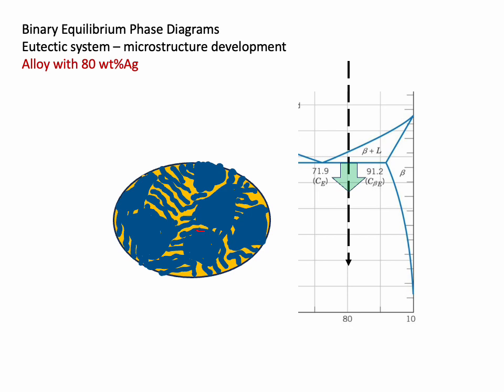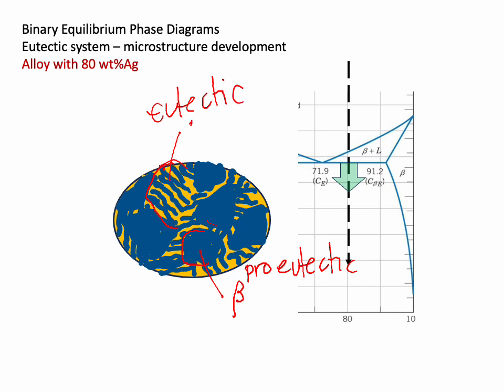So here are the large grains of beta that formed above the eutectic temperature. So this is pro-eutectic beta, formed above the eutectic temperature. And then I've got these areas of alternating layers of alpha and beta.